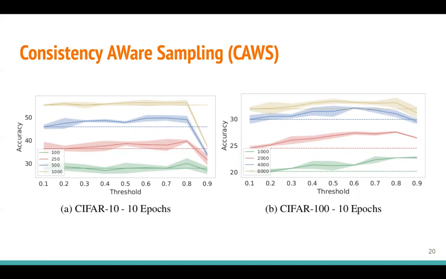What we see here is that the accuracy in CIFAR-10 is very uniform. It doesn't change much with the threshold that we set. Instead, in CIFAR-100, we see this inverse U idea. So we have the best result using a threshold of 0.6 or 0.7.